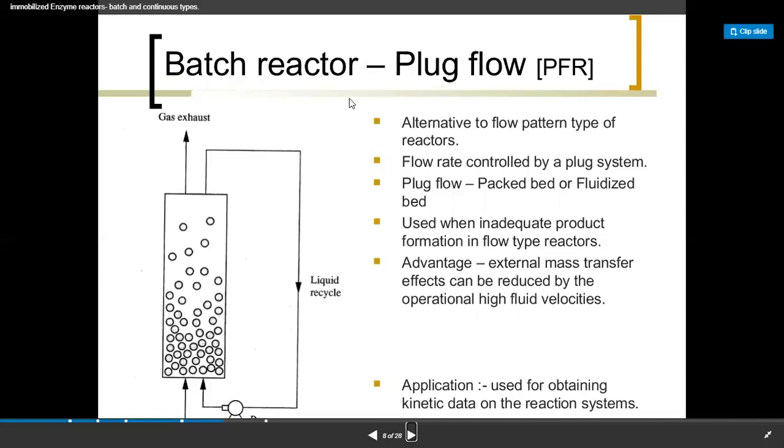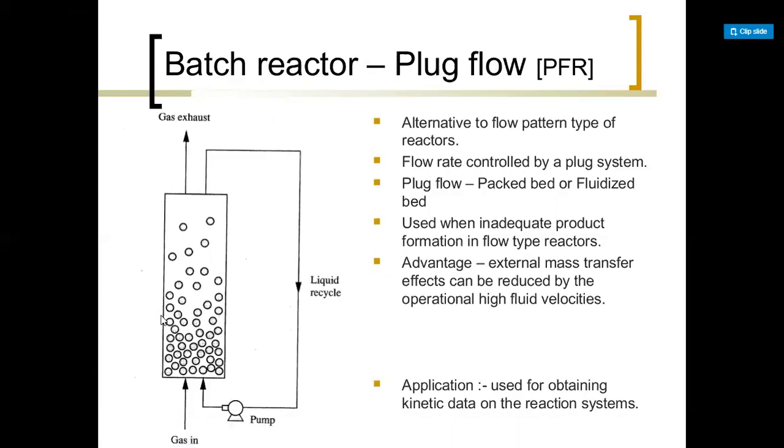The next is the plug flow reactor. These are the alternative flow pattern type of reactors, and flow rate is controlled by a plug system. Plug flow packed bed reactor and fluidized bed reactor are two types used when there is inadequate product formation in flow type reactors.